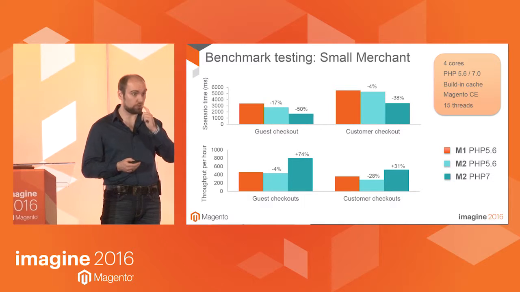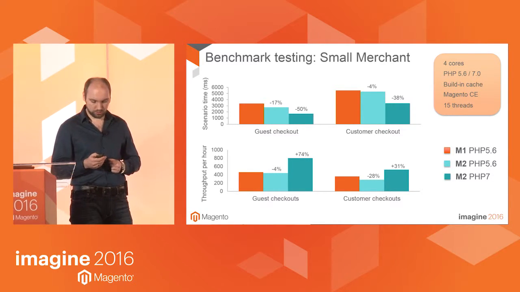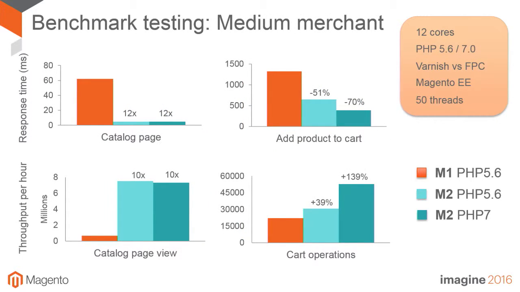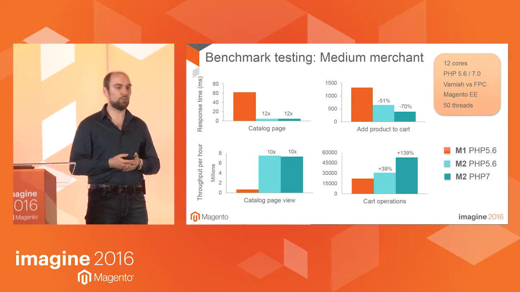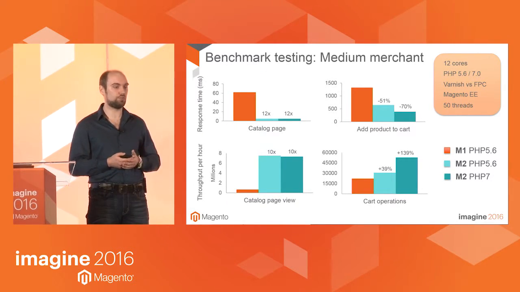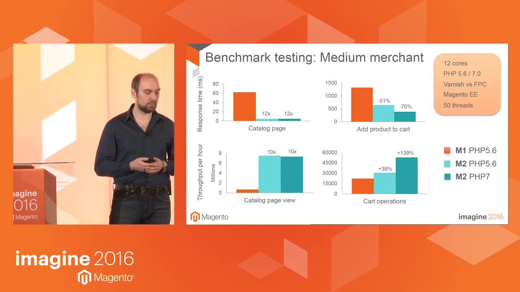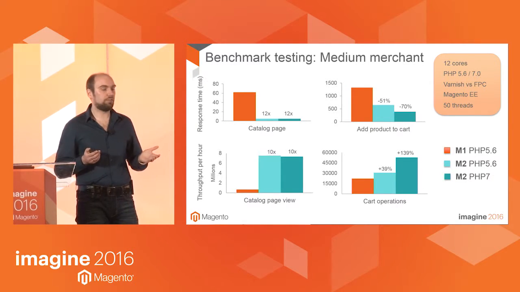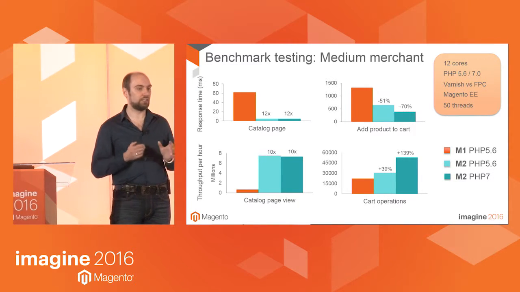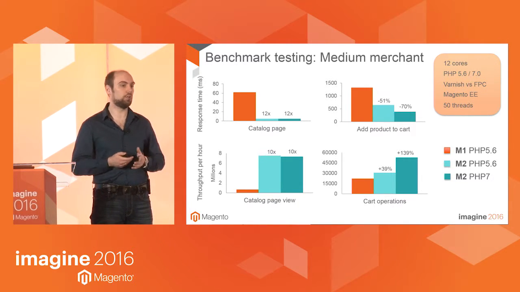Okay, let's imagine you are not a small merchant anymore and you would like to jump into the enterprise segment and become a medium merchant at least. This is definitely a point when you need to leverage the best caching options available in Magento 2, which is Varnish, as well as activate full page cache for Magento 1 Enterprise Edition. Definitely, Varnish will serve and cache catalog requests as fast as possible, as well as release resources for serving non-cached requests.